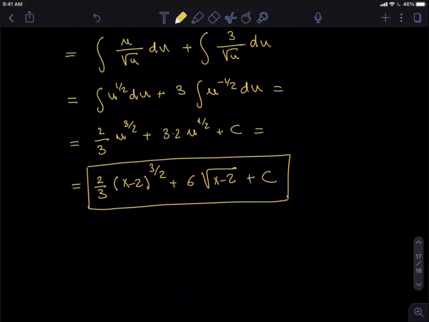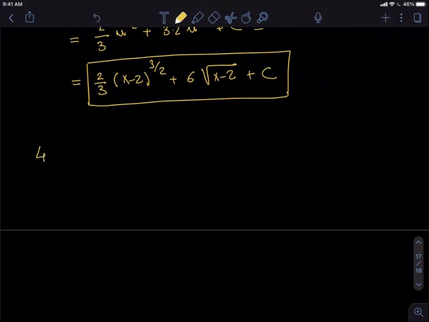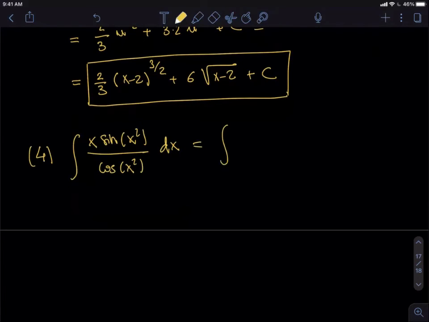Let's finish with one last example. The integral of x sine of x squared divided by cosine of x squared dx. This one is more complicated. I could have written it like the tangent: x times the tangent of x squared.